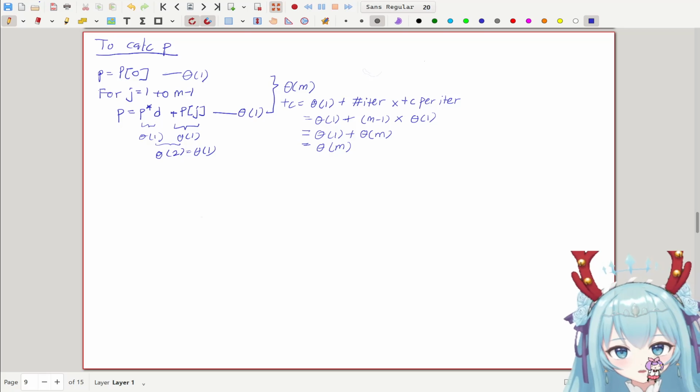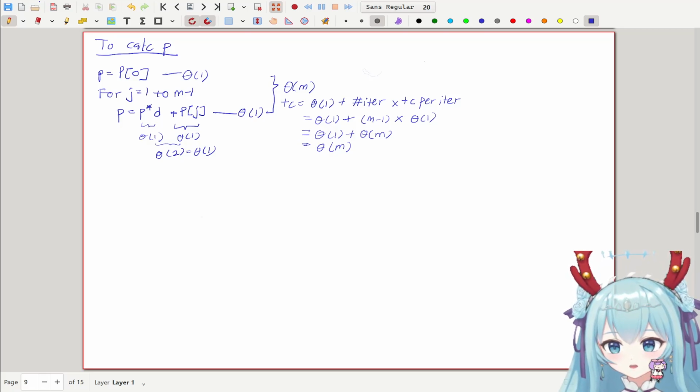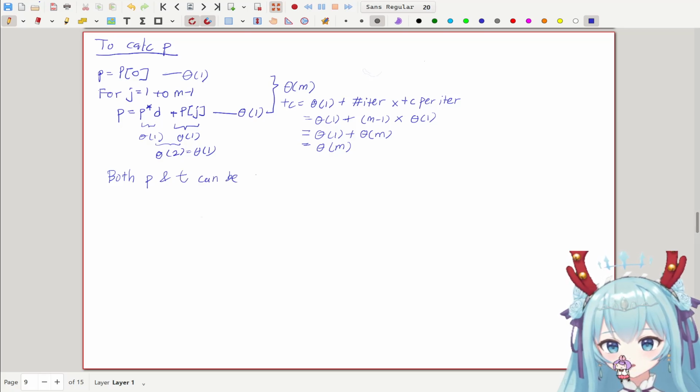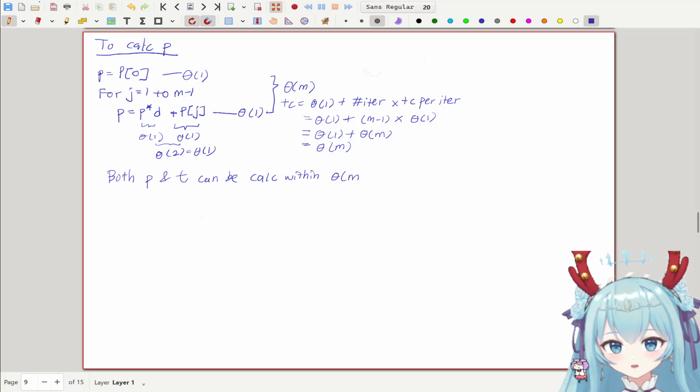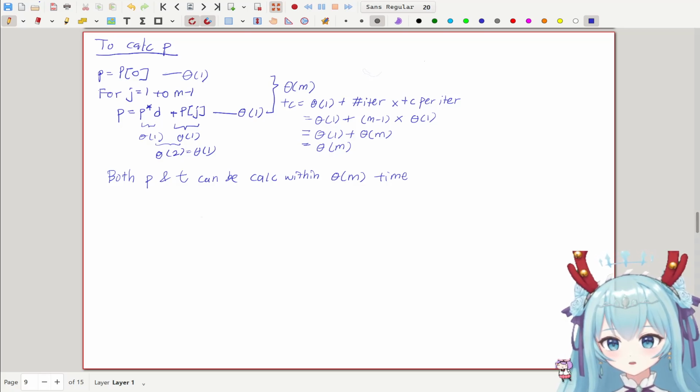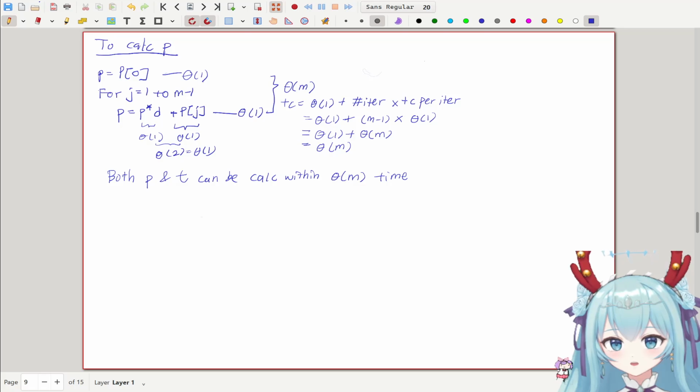So this means that both p and t can be calculated within theta of m time. Because remember, this algorithm that we see over here can also be used to calculate t as well.